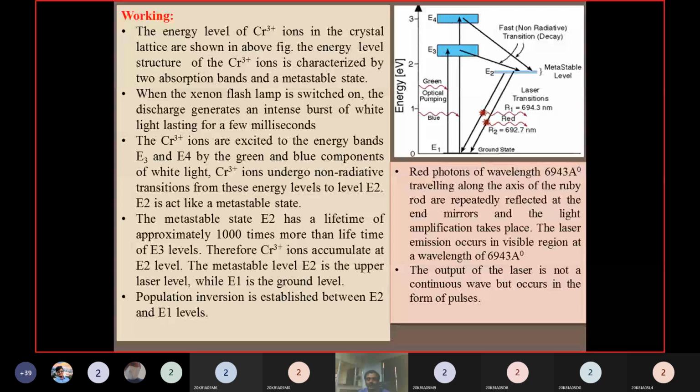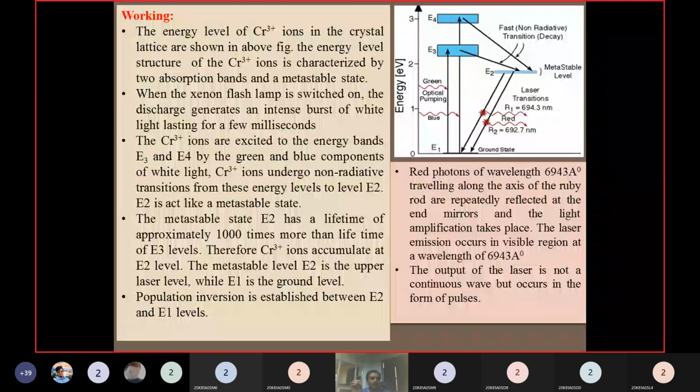Only two energies are useful: one is the energy corresponding to the green frequency, and another is the energy corresponding to the blue frequency. Only these two are absorbed. See here. That's why chromium absorbs the blue and green lights.